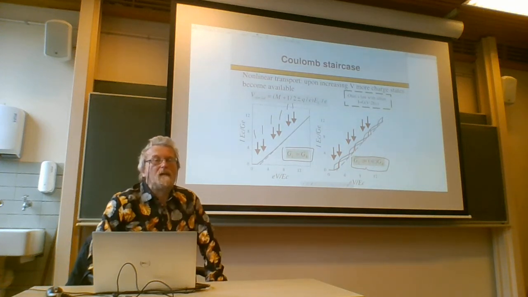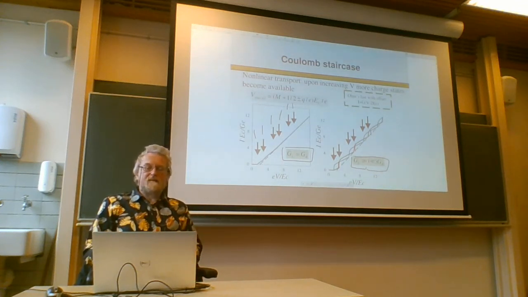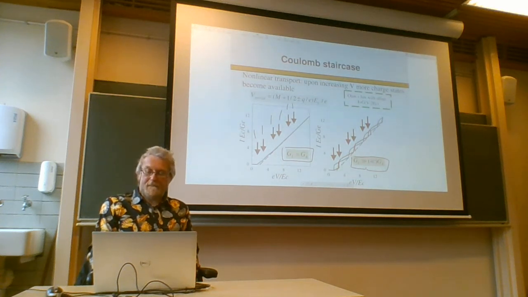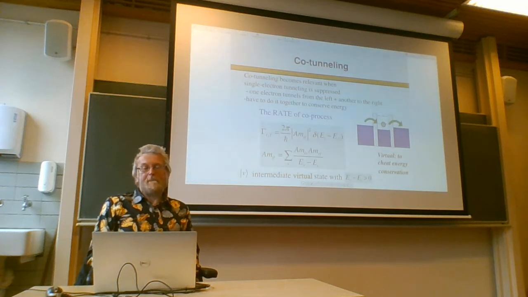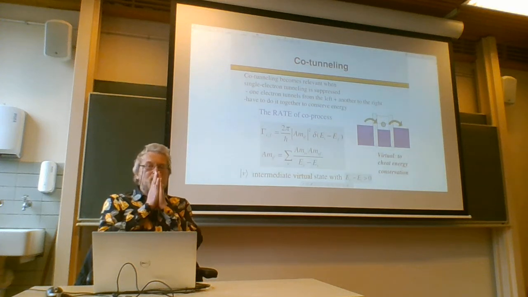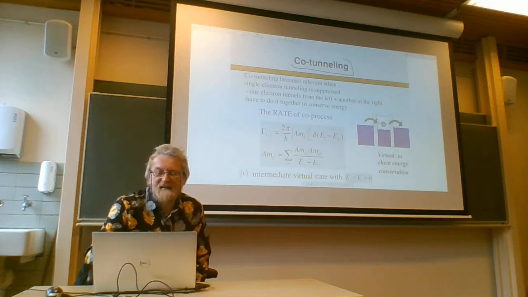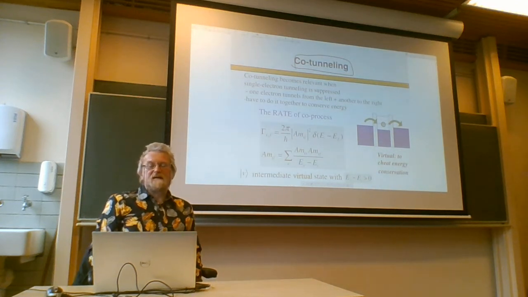Good. In the time remaining, let me talk about a more complex process which can occur in Coulomb blockade structures. Somehow funny and I would say rather instructive process. The process is called co-tunneling or cooperative tunneling.